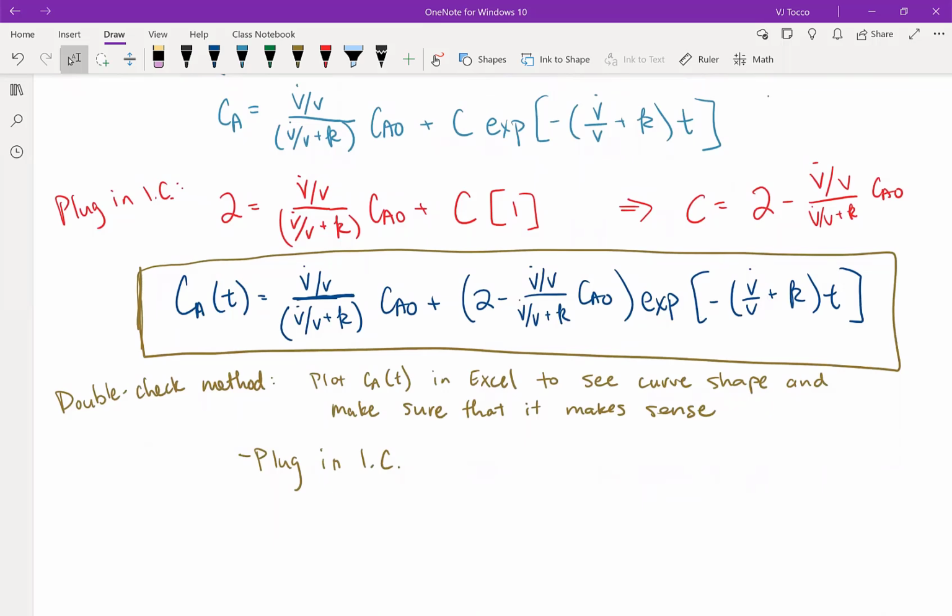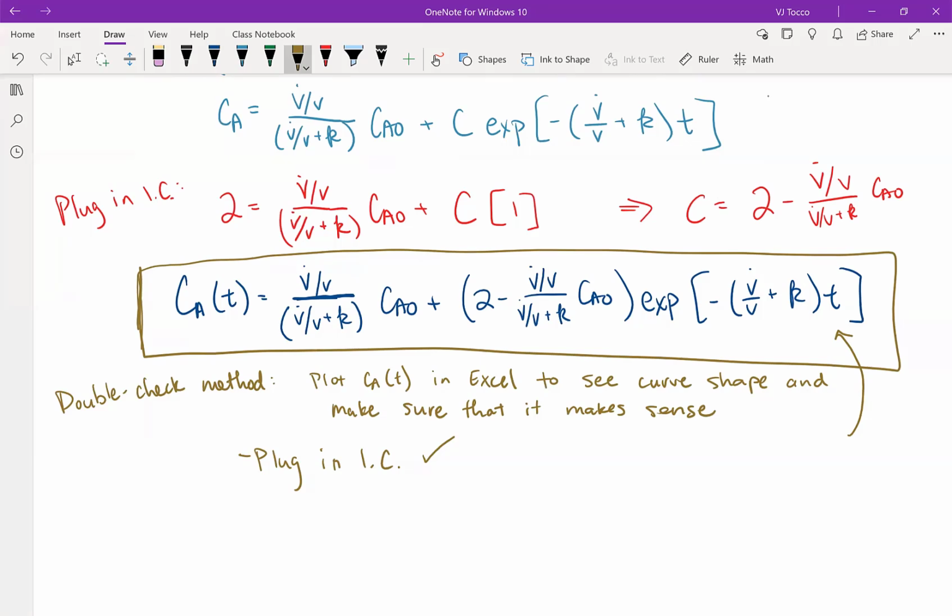Well, if I plug in 0 for time there, that is going to kill the exponential term. Exponential of 0 is 1, and I'll be left with just 2 minus this term, and then this term is going to cancel out. So I'm going to be left with something plus 2 minus that same something is going to be equal to 2. Right, so plugging in my initial condition indeed works out.